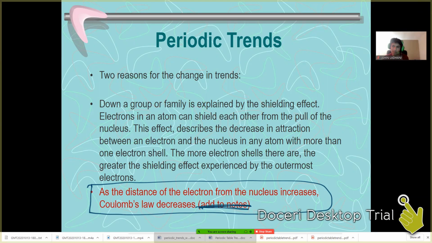So he's talked about the fact that as you go down the group, you're adding energy levels. So that's increasing the distance between the protons and the valence electrons. And that increase in distance causes a decrease in Coulomb's law or Coulomb's force. So those electrons are not held as strongly.